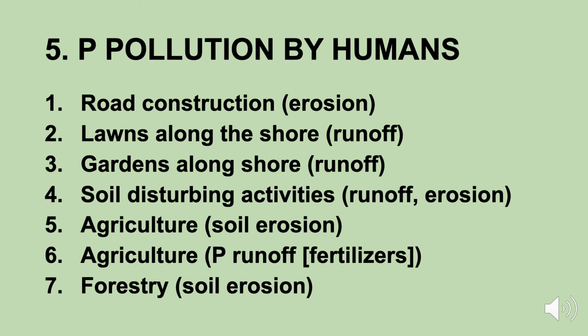People that have a garden along the shore, the town of Harrison on the east shore of Lake Coeur d'Alene, everybody in that small town basically has a garden. Those soils contain phosphorus. We get a little soil erosion. That runoff adds phosphorus to the lake. Any activities where we disturb soils, where we lose surface plants and disturb the soils, can put phosphorus into the lake.